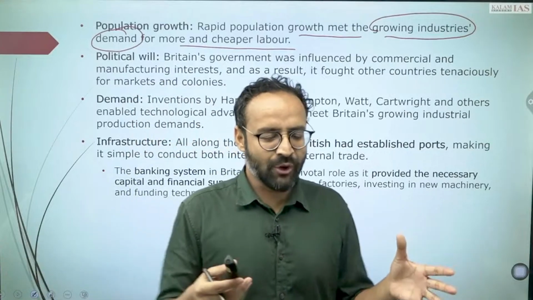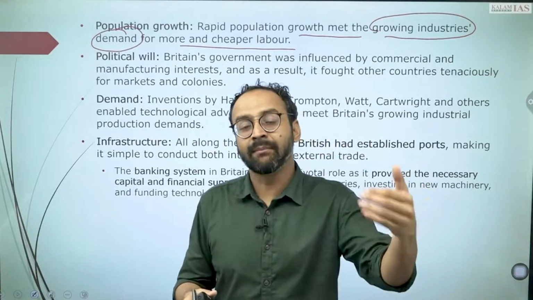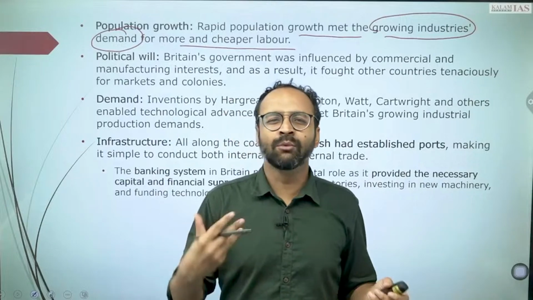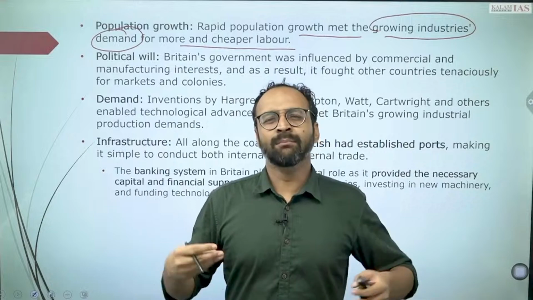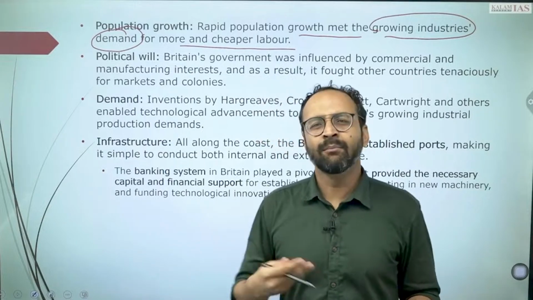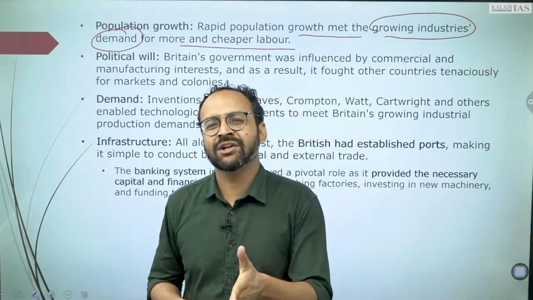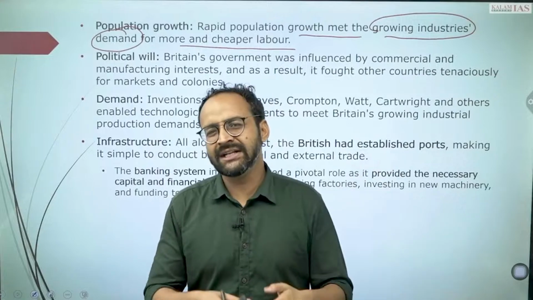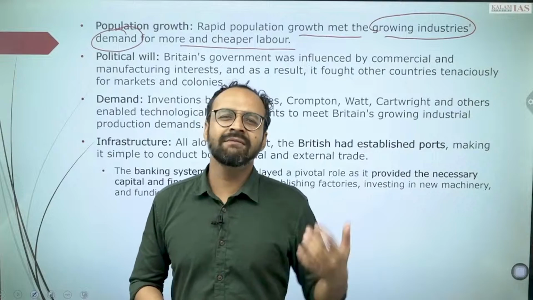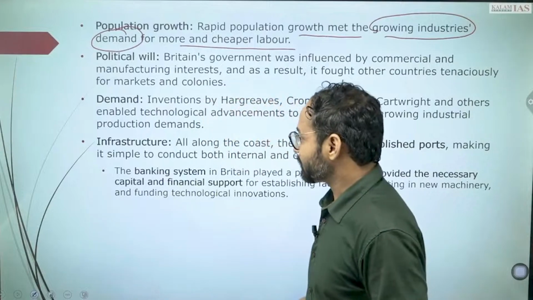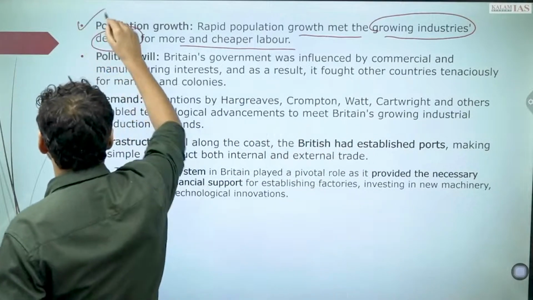See, in metropolitan cities like Bombay, Mumbai, Delhi, there is cheaper labor available because there is more population. More population means more demand. More demand means demand for infrastructure, even basic goods. We need everything, and for that we need labor. For industry we need labor. So this is how it is related.